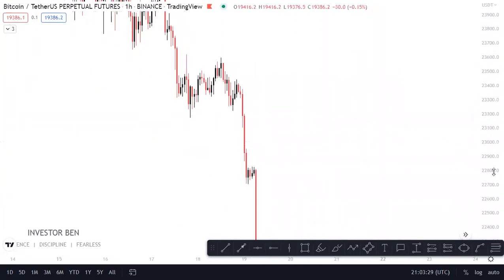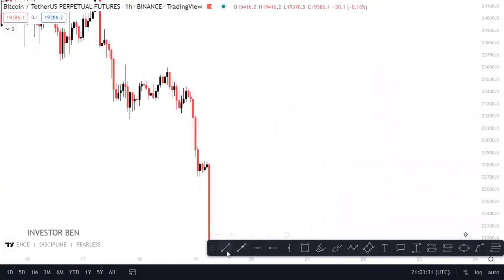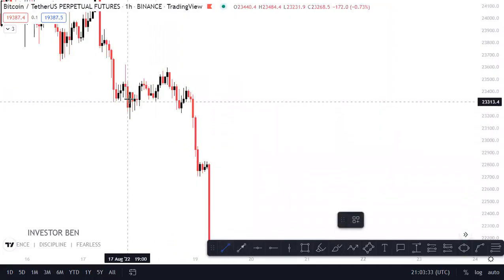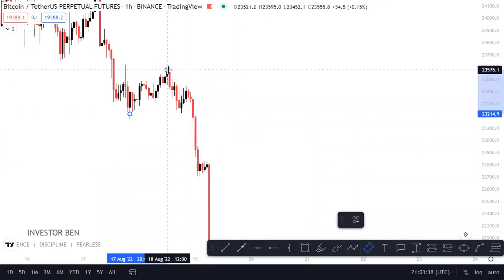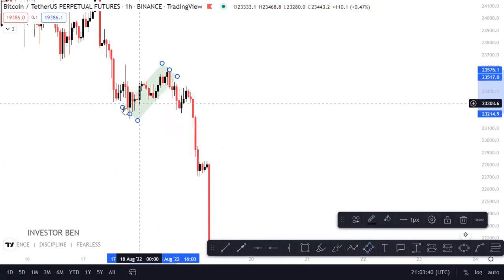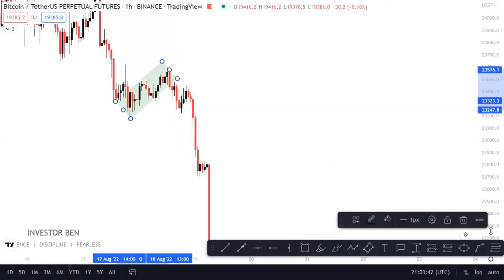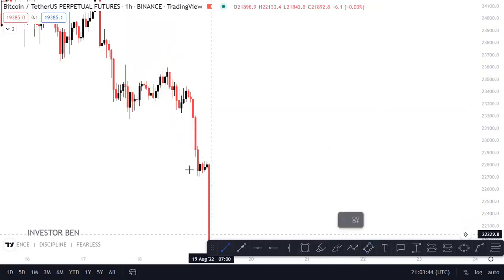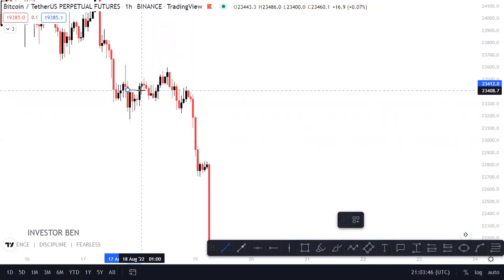Okay, we have a smaller one here. Price was coming from an uptrend. It's a little move to the upside, more of a retracement, but it's forming an uptrend structure because it was breaking highs.